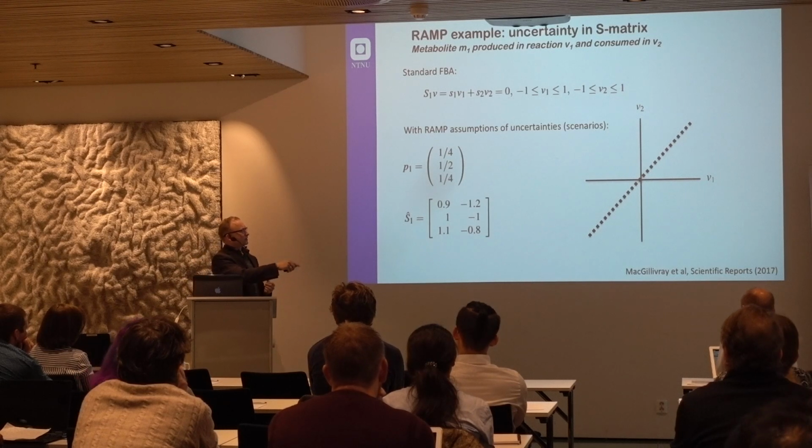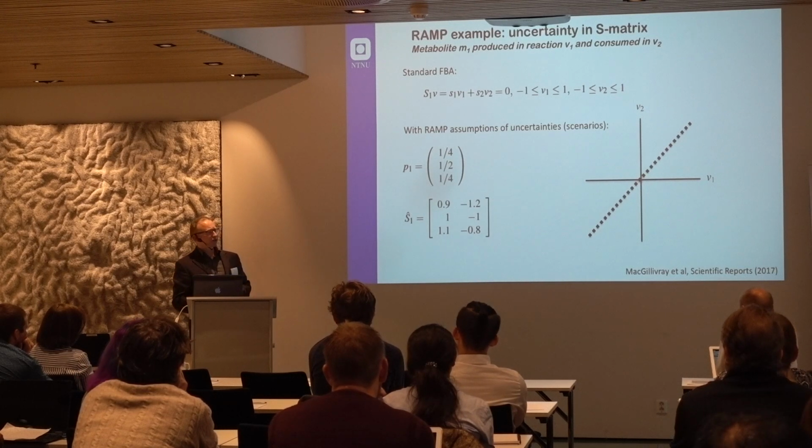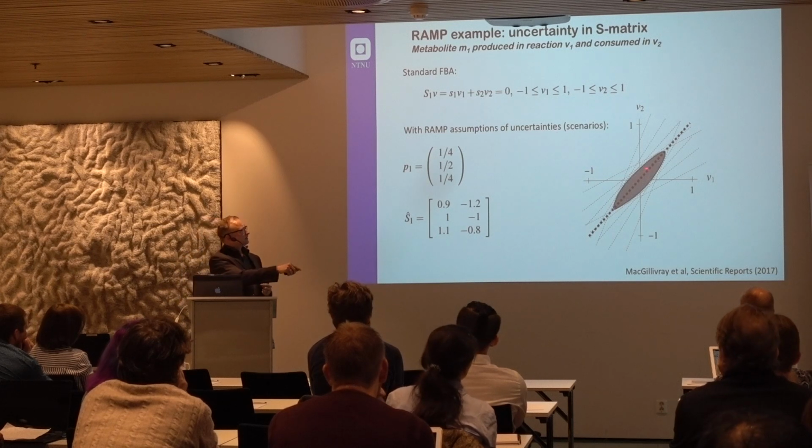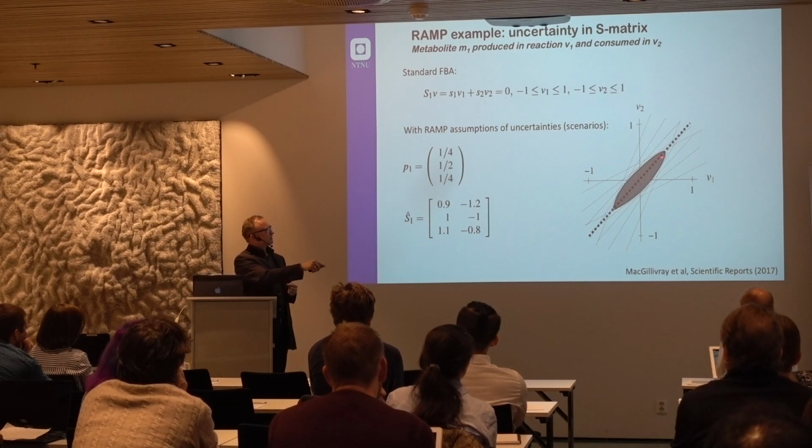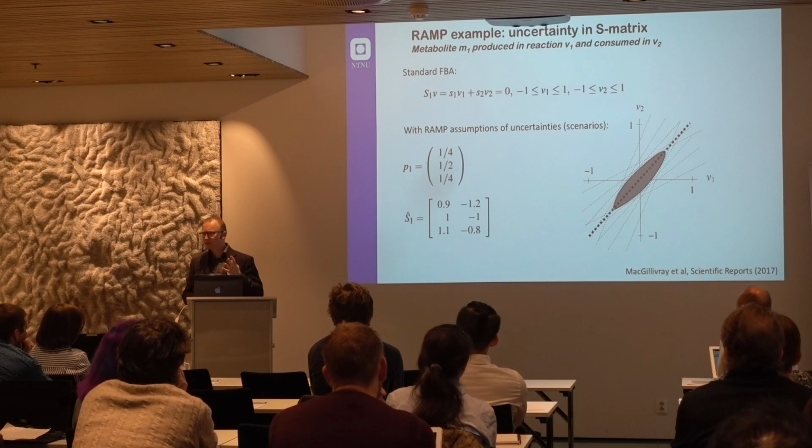Setting up this and churning the machinery, we get that this gray region is the solution of the problem. The solution must be within this gray region. And as you can see, it doesn't fully encompass the flux balance solution. There is an overlap, but it isn't including it.